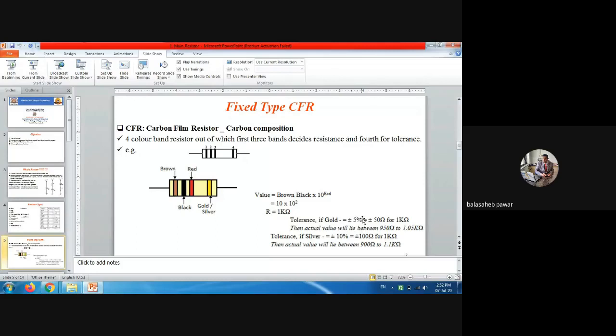So for 100 it would be plus minus 5, but our resistor is 1 kilo ohm, so by that 5% the tolerance will be plus minus 50 ohm. That's why if you measure it using a DMM, the measured value will 100% lie in this range, from 950 ohm to 1.05 kilo ohms. Is it clear? Yes, sir.